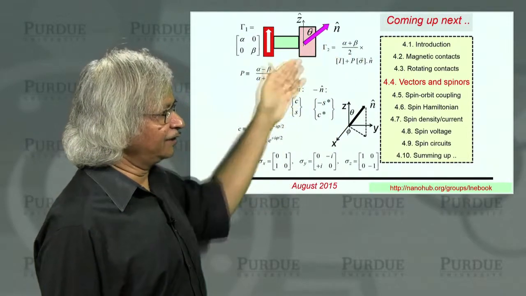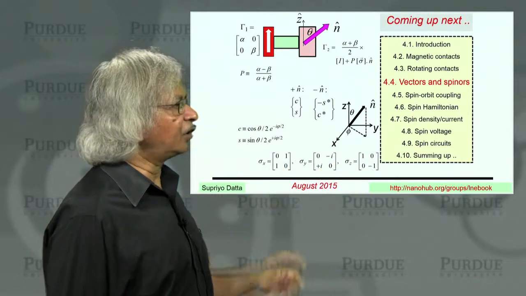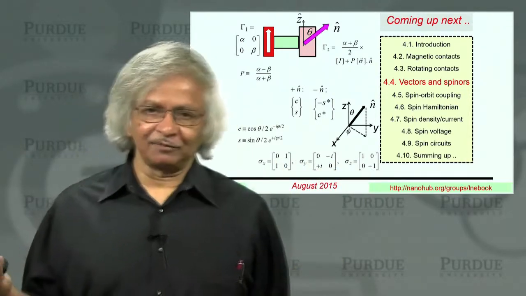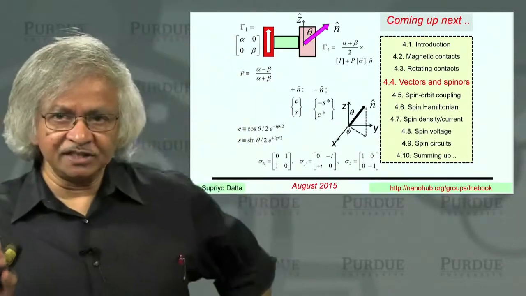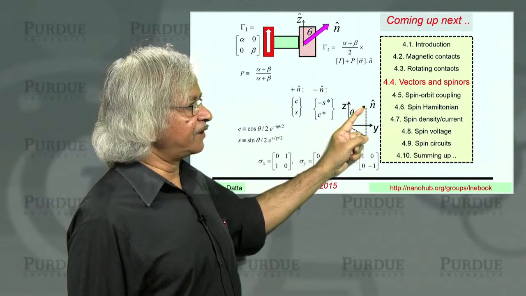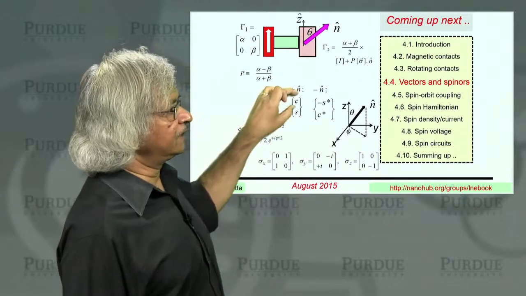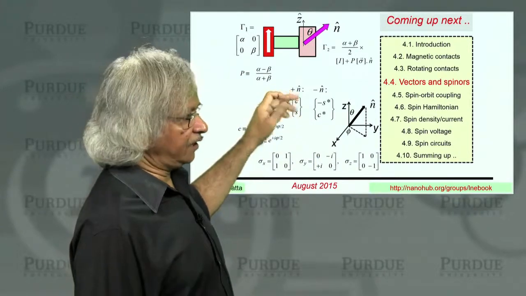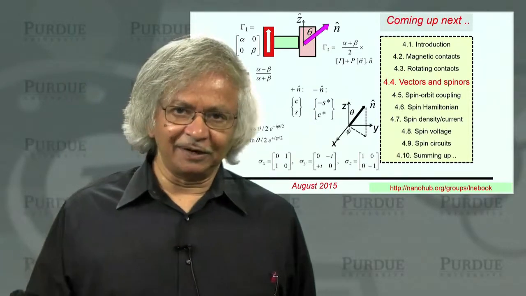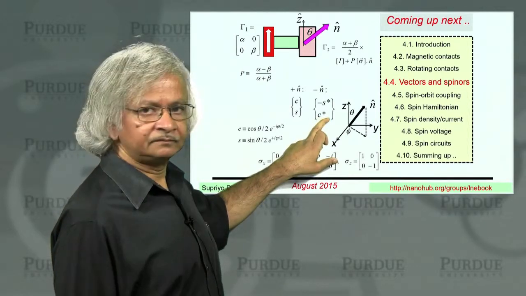And in getting there though, I introduced these Pauli spin matrices. And also I introduced this very non-intuitive concept of spinors that many of you haven't seen before. And as I pointed out, when a spinor points in some direction defined by theta and phi, its components are given by C and S. And if it's pointing in the negative n direction, the components are not minus C and minus S, but rather it's minus S star and C star.